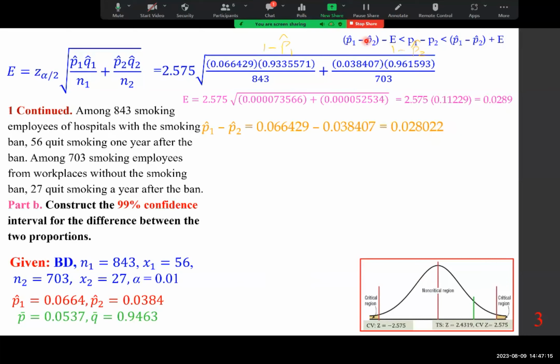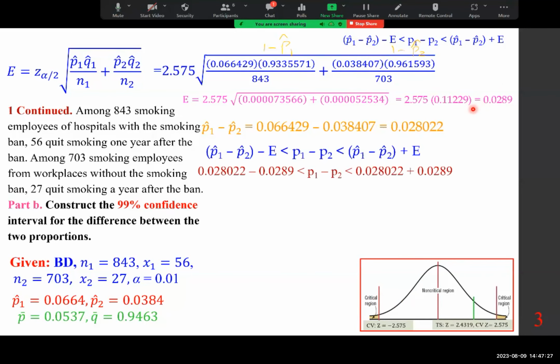Please understand, this is the P1 hat minus P2 hat, and this one is the E. So subtract this number from this, and add. So I'm assuming we have no problem with the calculation.